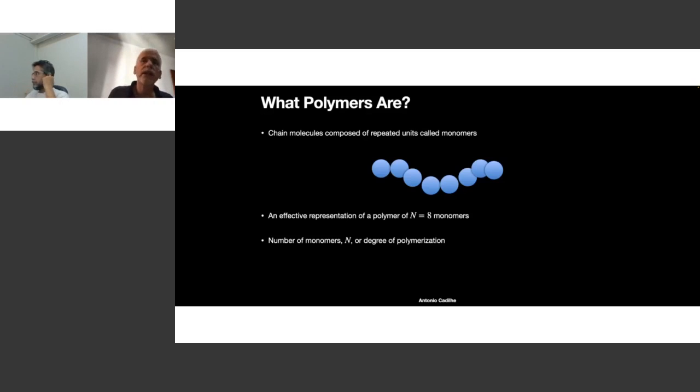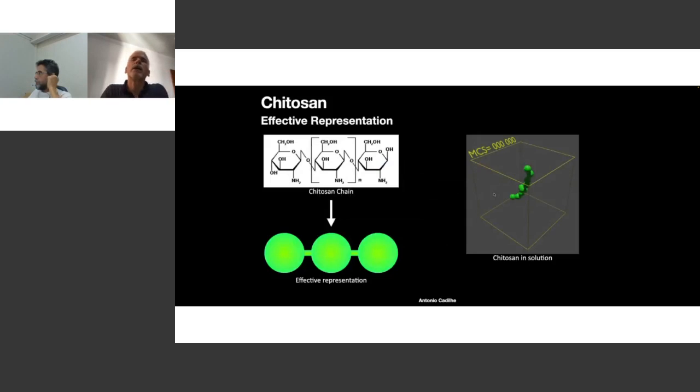It can be something quite complex, like in the group I'm working with, Professor Vivian. It's an effective representation. I have the monomer, and the monomer is just a representation of all these atoms that we are seeing here in brackets for chitosan.